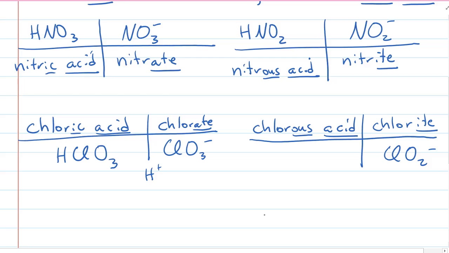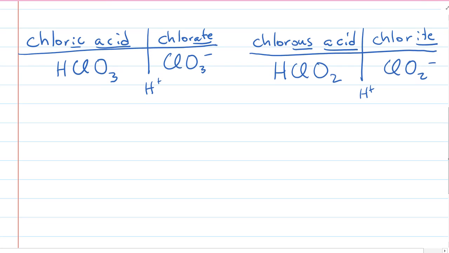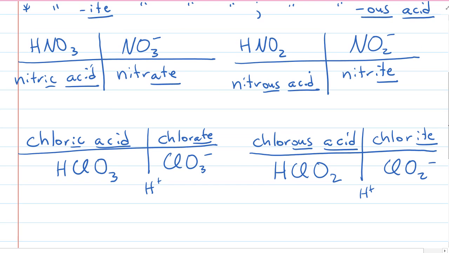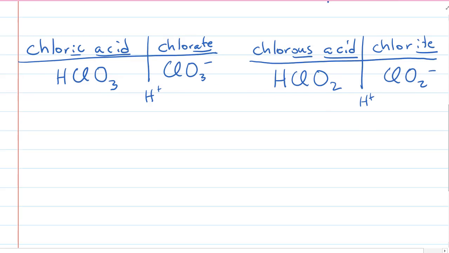Then to write the formula for the acid, we combine it with H plus. So its formula would be HClO2. Any questions on these here? We got 2 more examples, and we're going to do a bunch of practicing. But any questions before we move on from here?